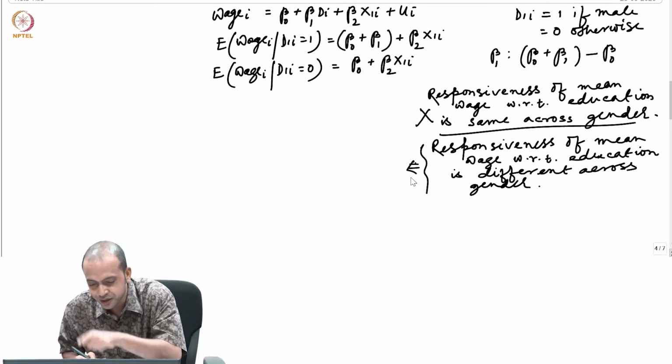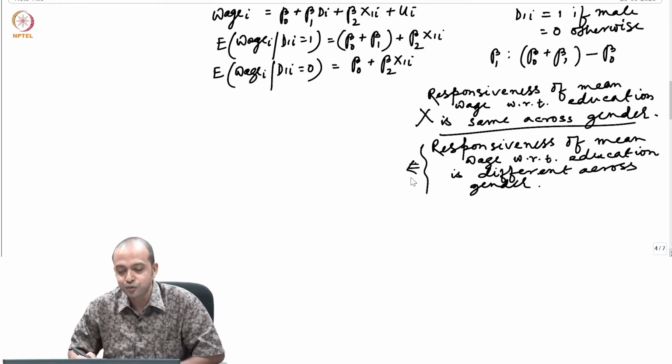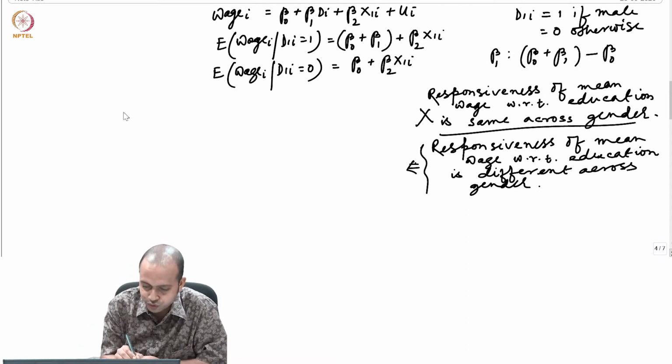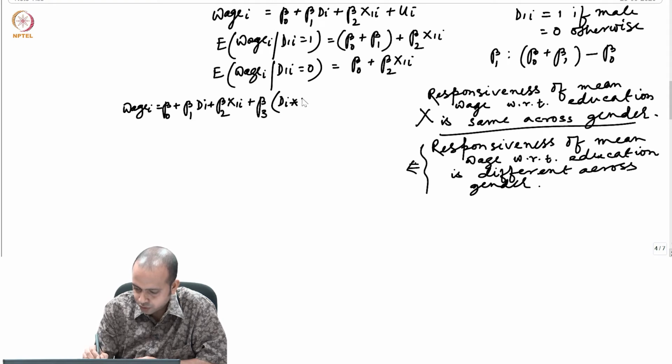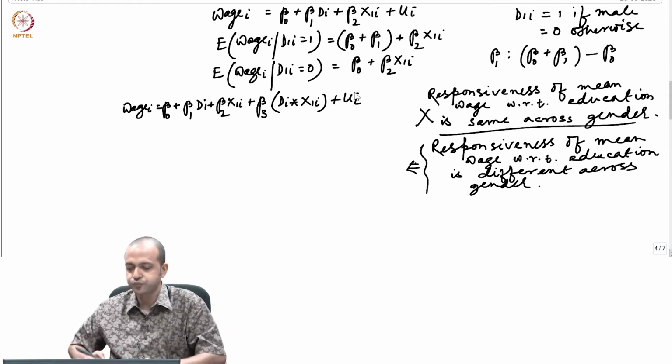Simply you have to interact the dummy variable, the qualitative information, with the quantitative variable. So, your model will look like wage equals to beta 0 plus beta 1 d1_i or d_i plus beta 2 x1_i plus beta 3 d_i and x1_i interacting, plus u_i.